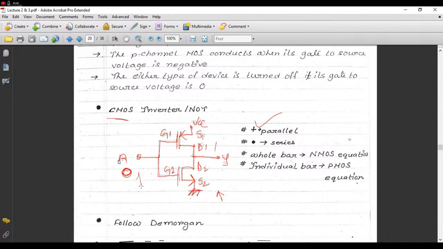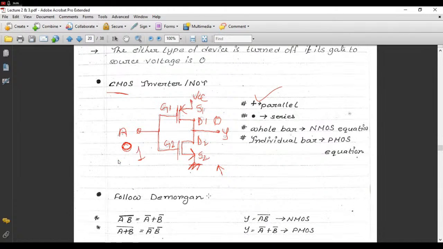But if this is 1, PMOS will be off. If PMOS is off, automatically there will be no output voltage, so that will be 0. If PMOS is off, electricity can't come down from the top, right? Is it clear, everyone? So that's a CMOS inverter.